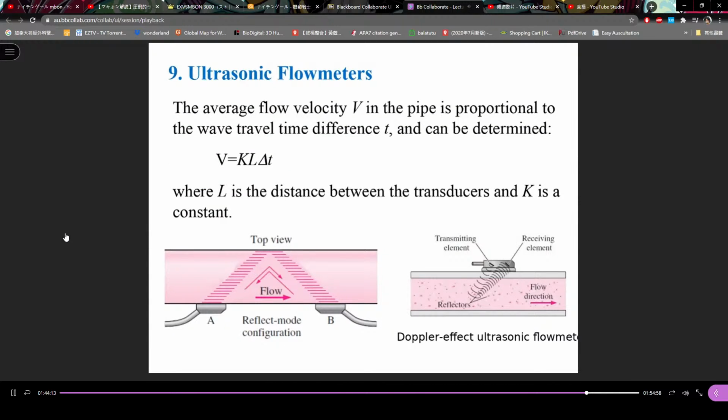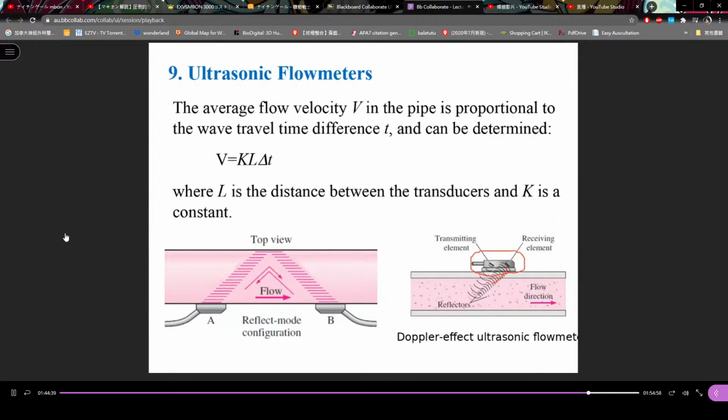Ultrasonic flow meter. Here again, you don't need to cut the pipeline. Simply add a transmitting element and a receiving element on the pipeline, and then connect to the power and send signal.